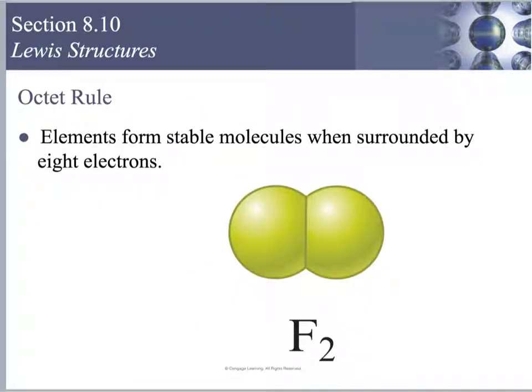And again, most typically we're going to be looking at molecules that follow the octet rule, and that is that each atom is going to bond and achieve the octet. In other words, to have 8 electrons, either through sharing or through its lone pairs of electrons, and that's going to be the most stable structure.